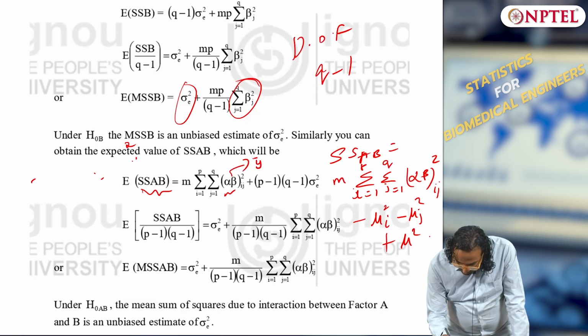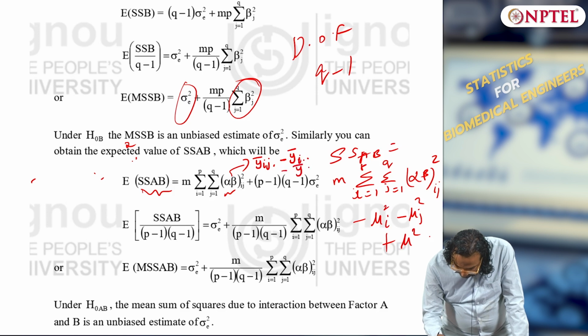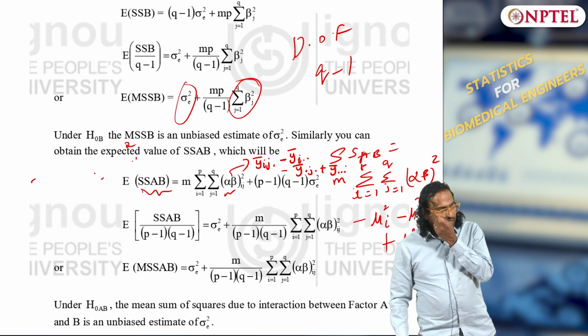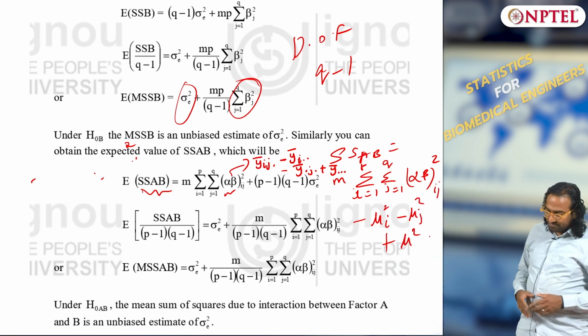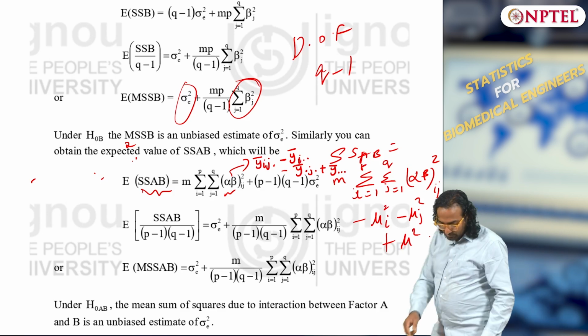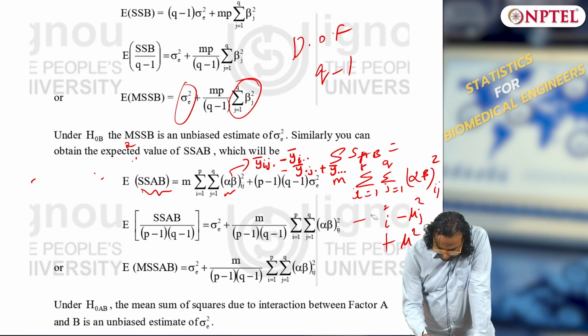This will be y bar ij dot minus y bar i dot dot minus y bar dot j dot plus y bar dot dot. Alpha beta itself is this whole thing. So all of this will not be there because alpha beta itself is included, everything is included there.